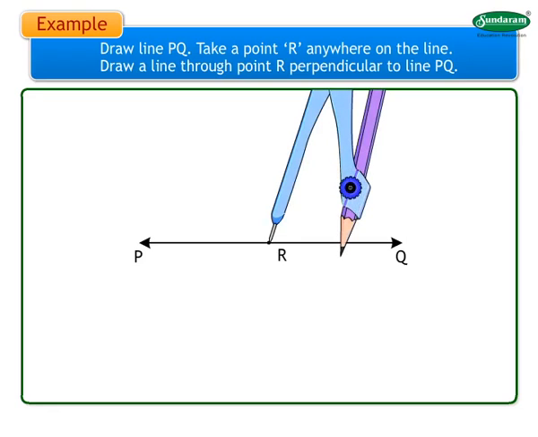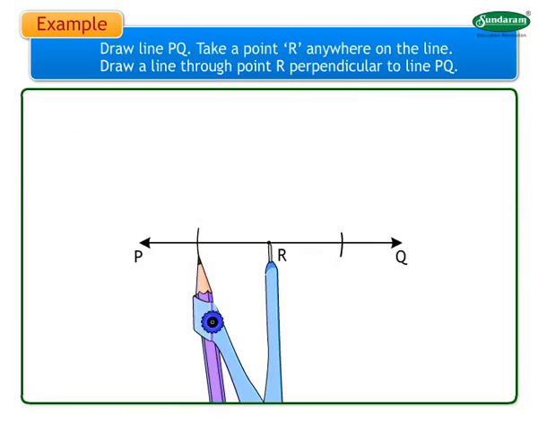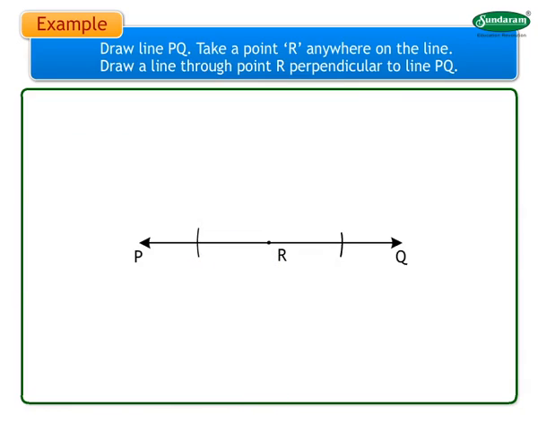Open the compass to a convenient span. Place the point of the compass on the point R and draw two arcs, one on each side of the point R, to intersect line PQ at points S and T respectively.